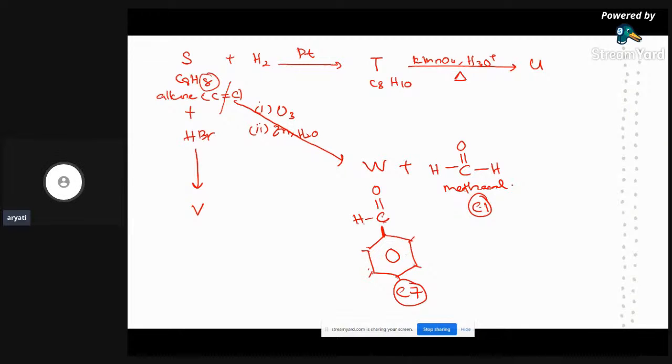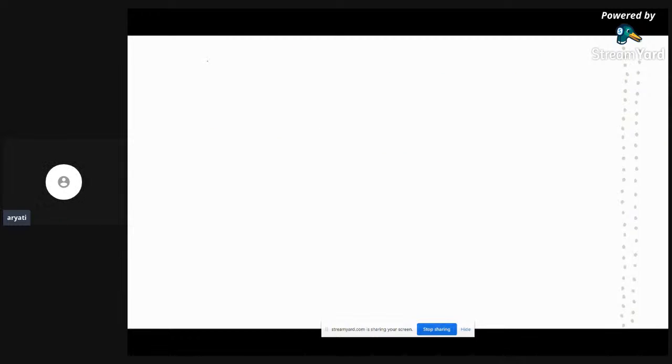So bila kita dah lukis W, kita boleh lukis structure for S. Kita dah tahu struktur bagi W. So W ialah C double bond OH.